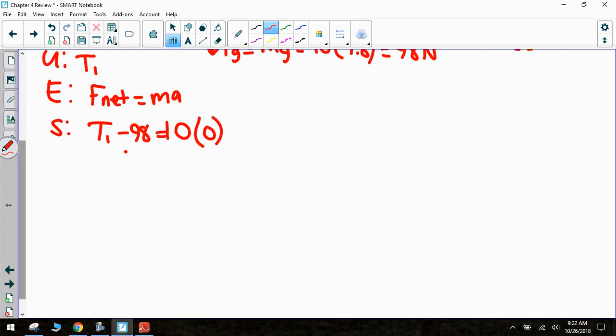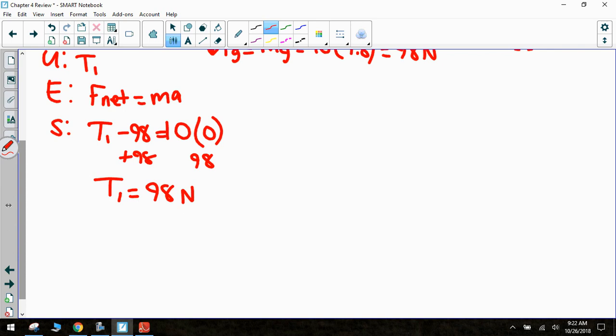So I got to add 98 to both sides. So T1 equals 98 newtons.